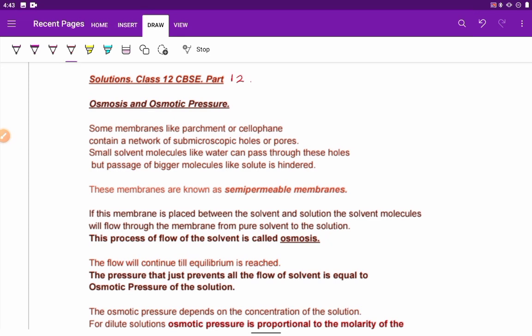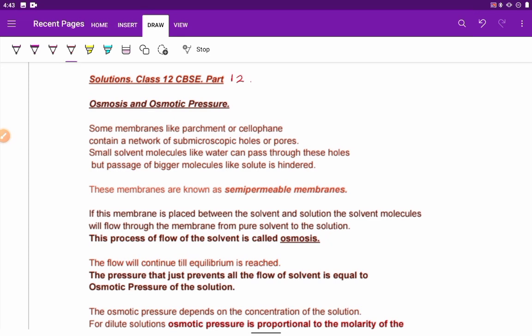Now see, osmosis is a process in which water moves through a semi-permeable membrane from a less concentrated to a more concentrated solution. For example, in plants, osmosis allows them to absorb water and minerals from the soil through their roots.